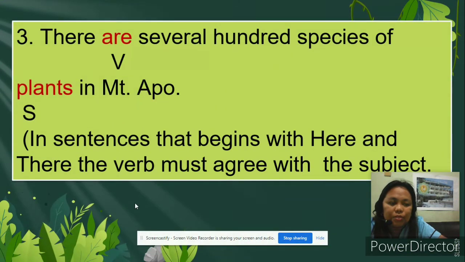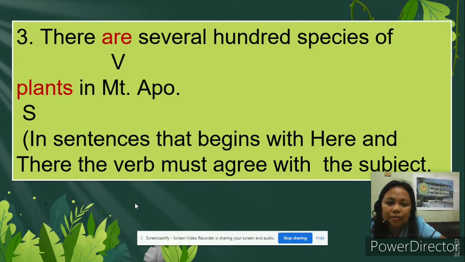Number three. There are several hundred species of plants in Mount Apple. So where's the subject? The subject there is plants. Okay, there are more than one, so it is a plural subject. So where's the verb in the sentence?